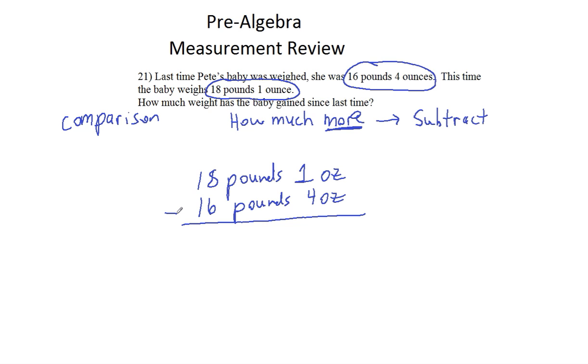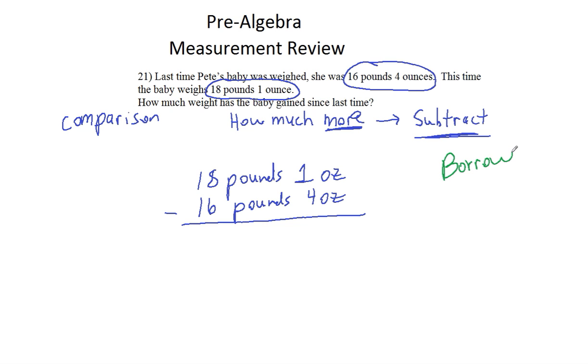How much extra weight did the baby gain? Tells me that I'm going to subtract here. Remember to line up your ounces, ounces over ounces, and pounds over pounds, just to make sure that we're putting apples with apples, oranges with oranges, all that. This is subtraction, so when I start with 1 on the top, take away 4 on the bottom, I cannot do that. So this is where we have to borrow.